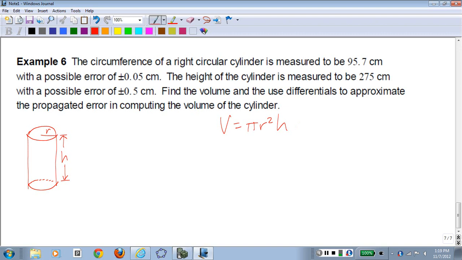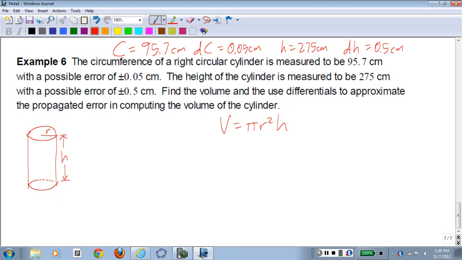What we know is that C is 95.7 centimeters and dC is 0.05 centimeters. We are also given that H is 275 centimeters and dH is 0.5 centimeters.